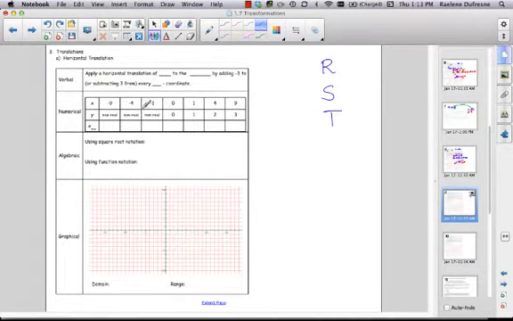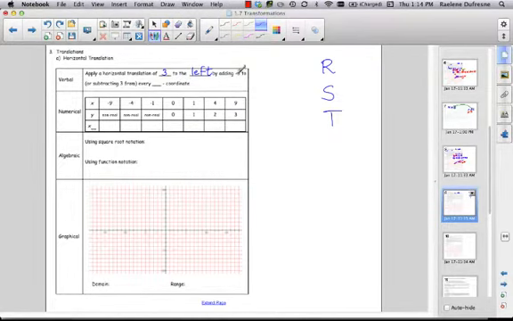Okay, apply a horizontal translation by adding -3. Well, if we're applying a horizontal translation by adding -3, it's a horizontal translation of 3 spaces, but to the left. The negative is a direction, and since it's horizontal, our options are right or left.